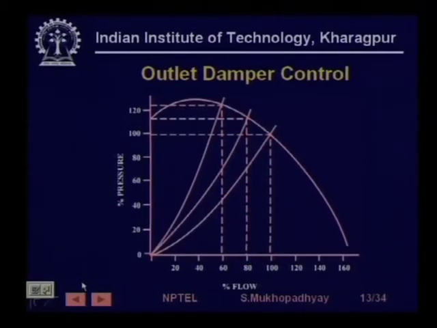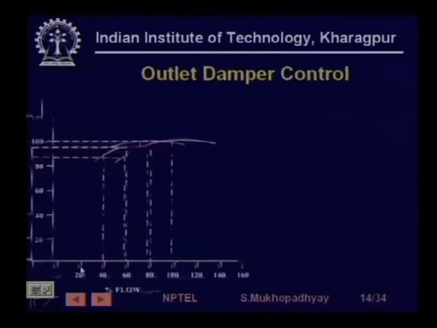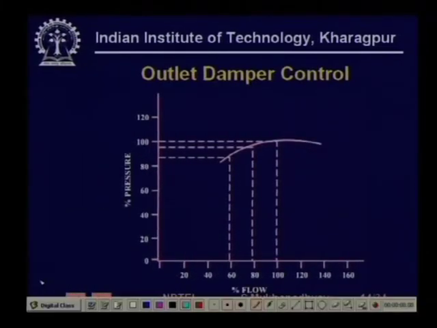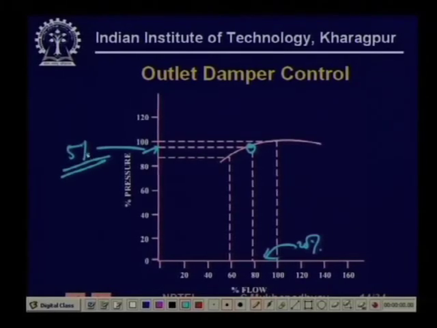In fact, if you can see the energy curve, you see that in damper control, as you are going from 100 to 80, the energy fall is only this much, very low. So, there is a 20% flow reduction, but there is probably a 5% energy reduction, power reduction.